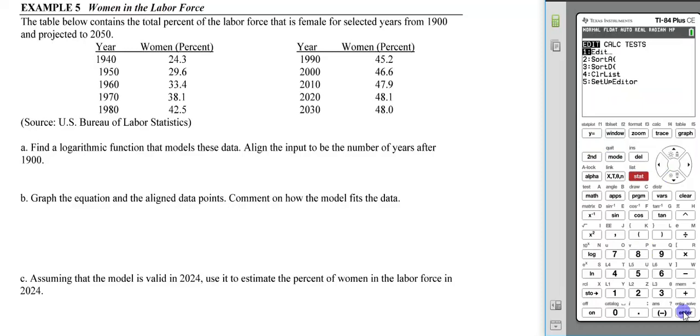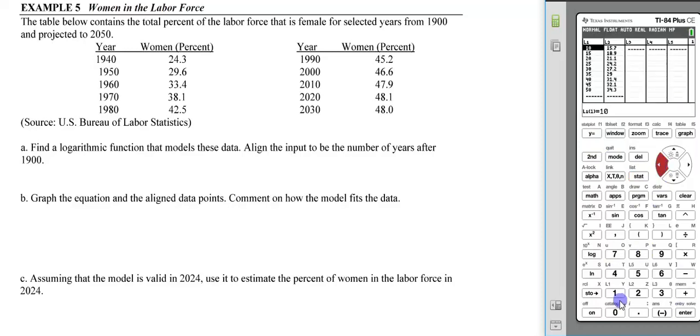Let's go into the stat and edit what we have in there. And in the Y's, put the percent of women in the workforce.